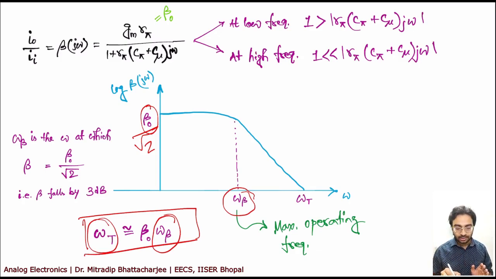However, it doesn't mean that you cannot operate your BJT or whatever circuit beyond omega beta. You can operate up to omega t, right? However, as a designer, you should know after which value of frequency your gain is going to be reduced. So this is what I have discussed in my previous slides. Okay.